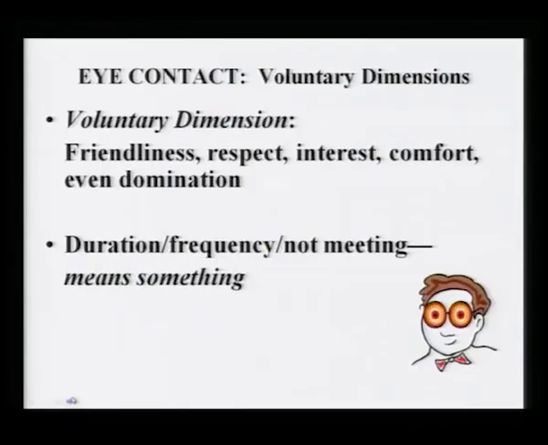And in a situation where you are the boss and the other one is a subordinate, or you are in a very dominating position in a relationship, it can indicate domination. Now, this is the voluntary dimension.